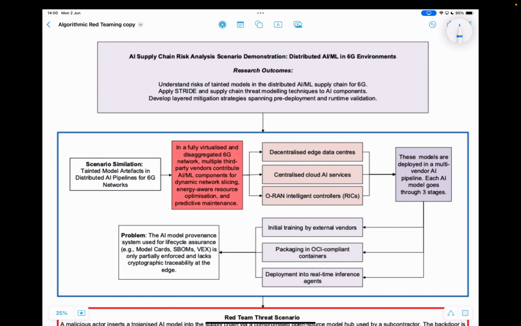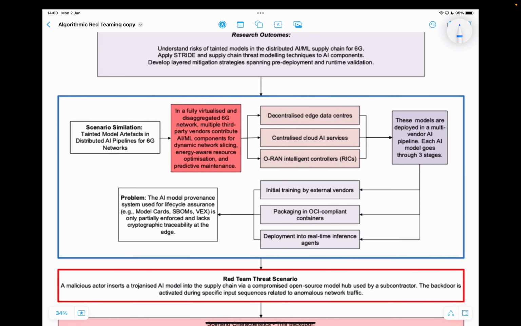Now, as with scenario 1 on cloud, even with scenario 2 on distributed AI machine learning in 6G environments, I'm going to be explaining the steps, and then after each step has been explained, I'm going to tell you why those steps are crucial.